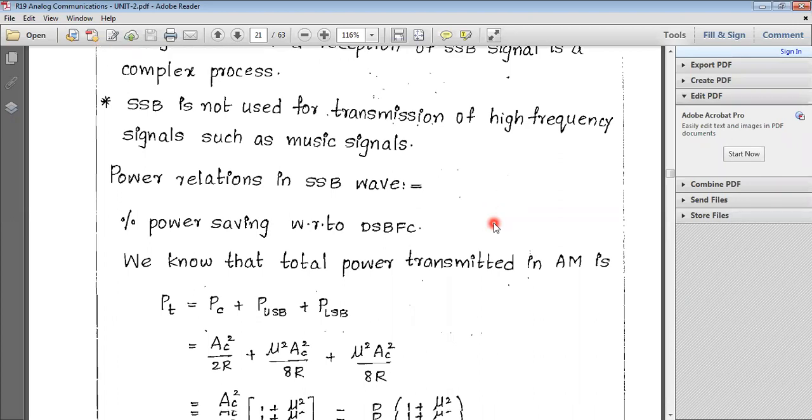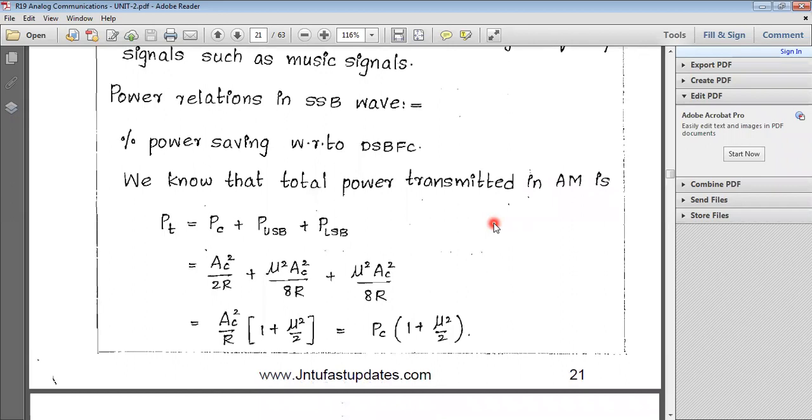Already you know the total power in normal AM is due to carrier power, USB power and LSB power. Power is wasted to send the carrier and to send USB and LSB. In the first classes I told you the carrier power, USB power and LSB power. Carrier power is Ac square by 2R. USB power is mu square Ac square by 8R, plus LSB power mu square Ac square by 8R.